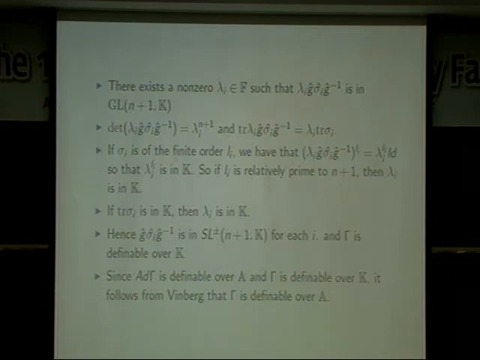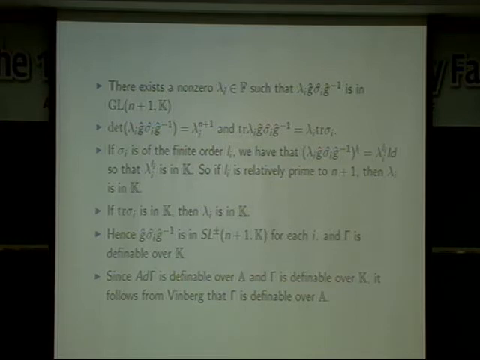And the determinant of this product is just lambda i to the n plus 1. And the trace is lambda i times the trace of this reflection.